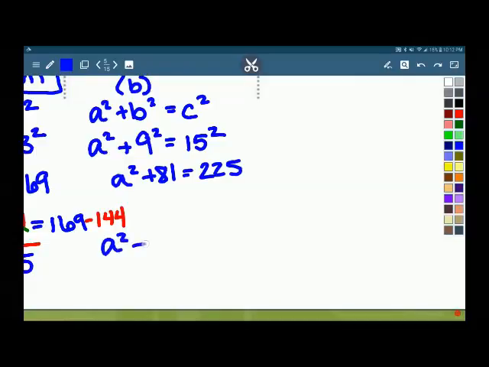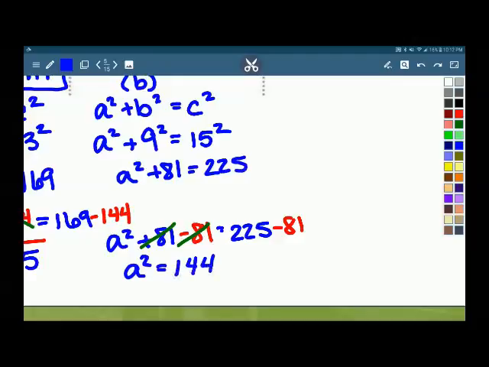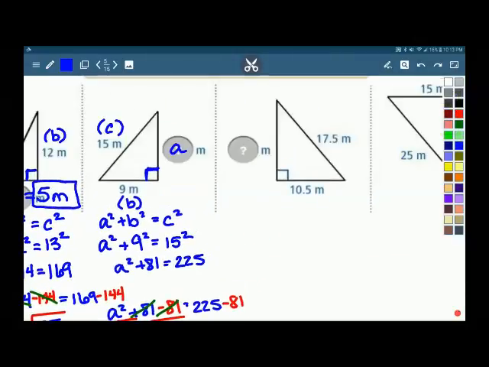So a squared plus 81 minus 81 is equal to 225 minus 81. The positive 81 and the negative 81 will become 0, and we're left with a squared is equal to 144. Last step, we just need to square root both sides. And we get that side length a is equal to 12 meters.